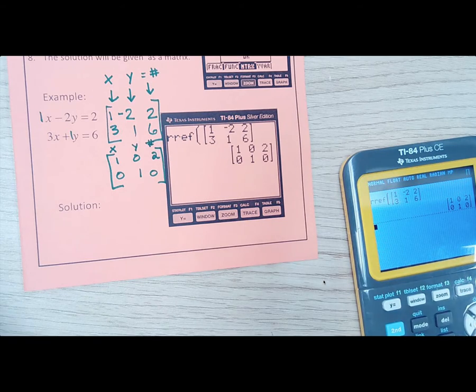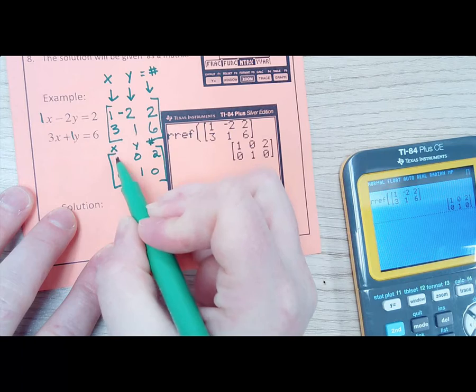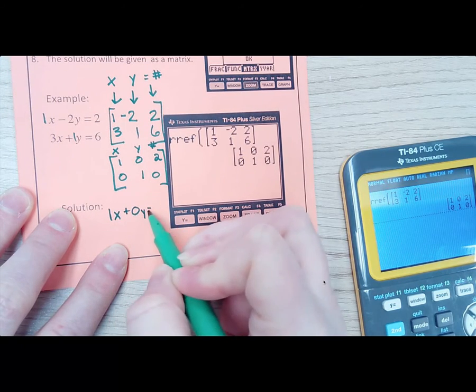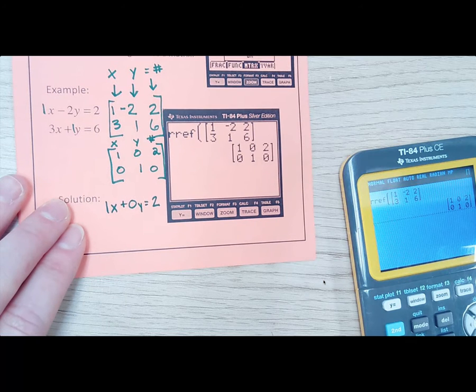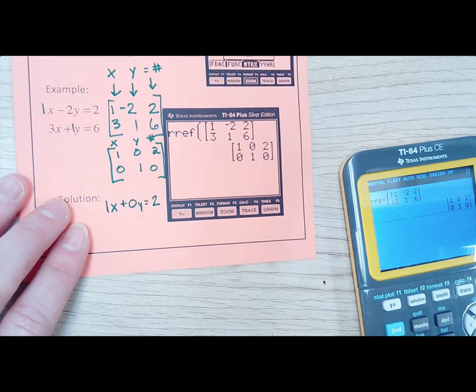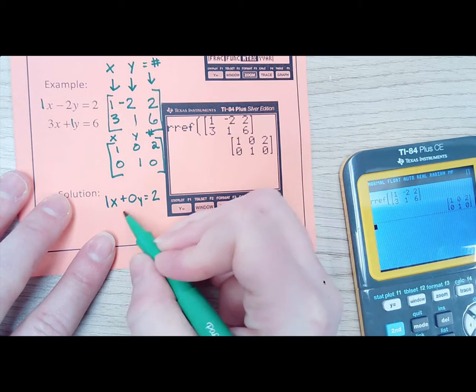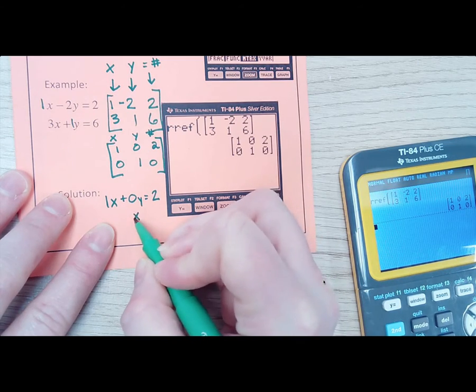If I were to convert this back to an equation in standard form, I would have 1x plus 0y equals 2. If I reduce that, I don't need the 0y, I don't need the 1. It's just x equals 2.